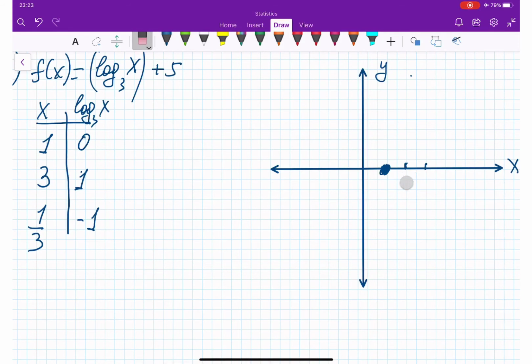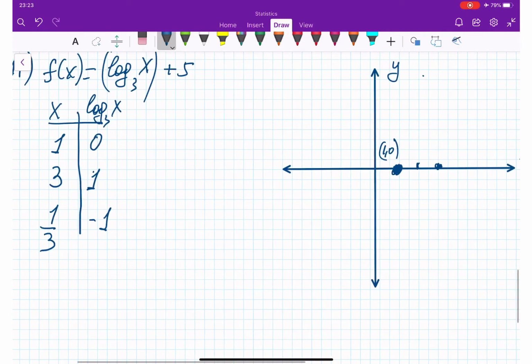Let me clean this 1, 0, bring it here. So this will be 3, and the y is gonna be +1 right here. So one point will be here. The other point, this is 1, this is 3, so it's gonna come right here. And the other one is, lastly, 1/3. If this is 1, then 1/3 is going to be a third of it, somewhere here.